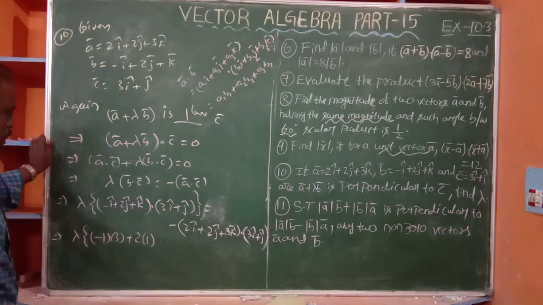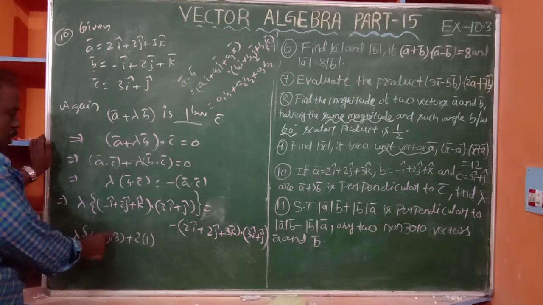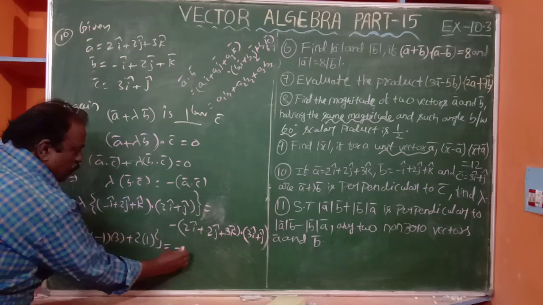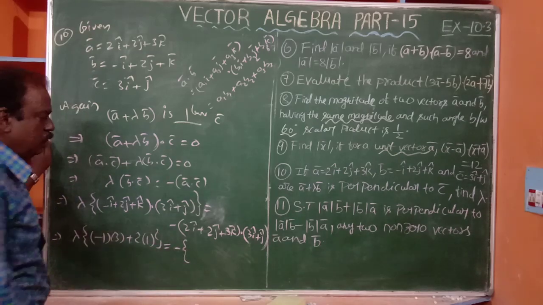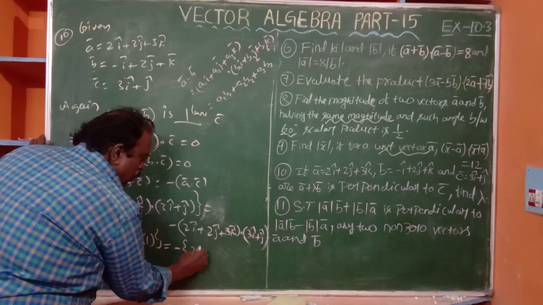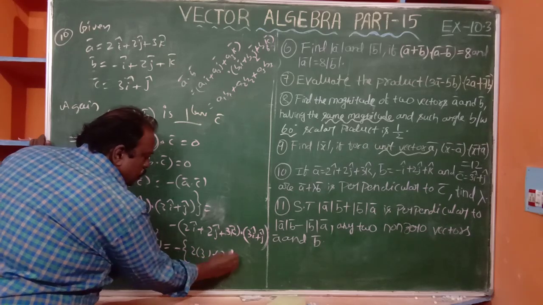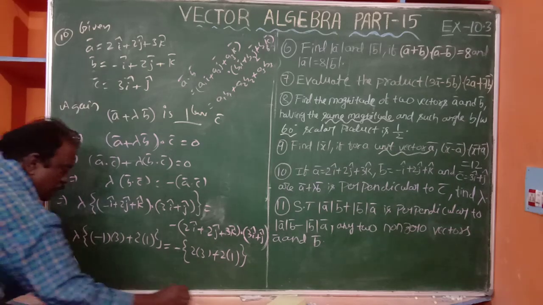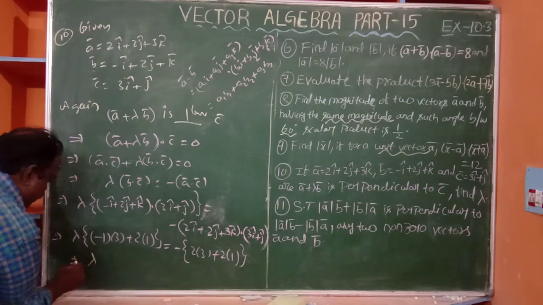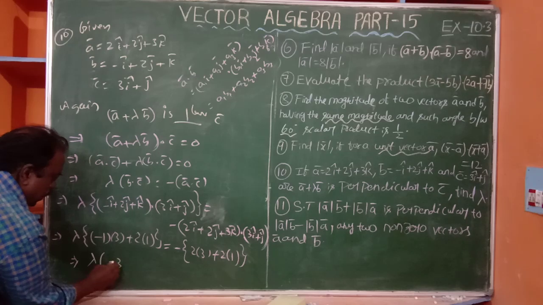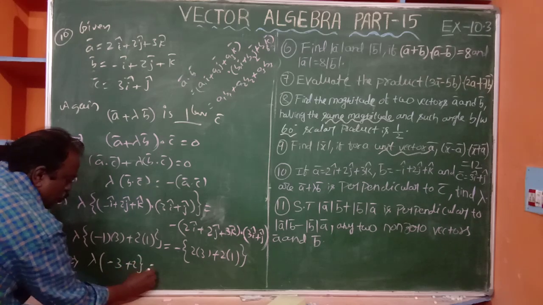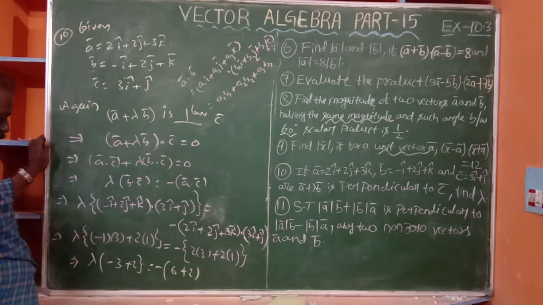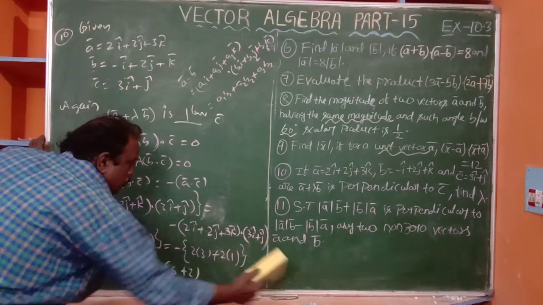Like this, here minus 1 into 3, 2 into 1, k is not there, is equal to minus of, here also, 2 into 3 plus 2 into 1. Now it is lambda of minus 3 plus 2, it is minus 6 plus 2.